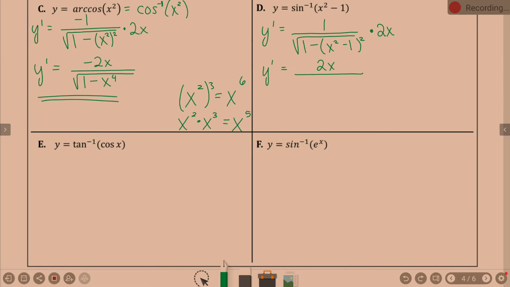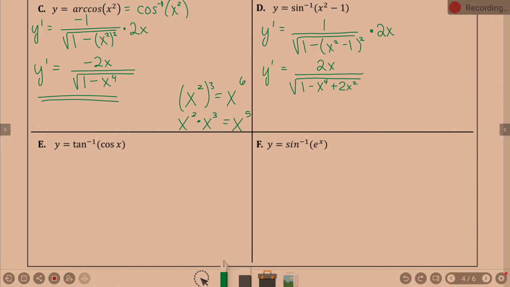There's a reason why, and it's something I want to make sure I address here. So 1 minus (x squared minus 1) squared, we know we need to distribute, FOIL, right? And we're going to be subtracting this. So x squared times x squared is x to the fourth, but I'm subtracting, so it's minus x to the fourth. Minus 1 times x squared and minus 1 times x squared is minus 2x squared, but I'm subtracting, so I'm going to say plus 2x squared.